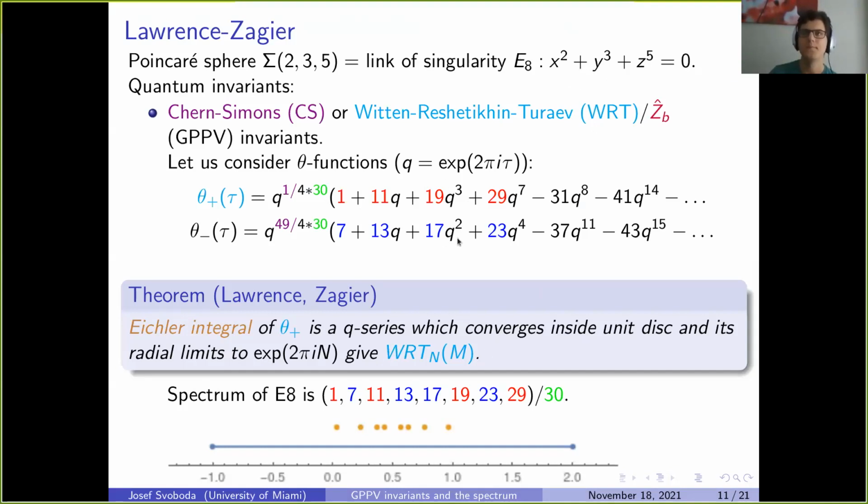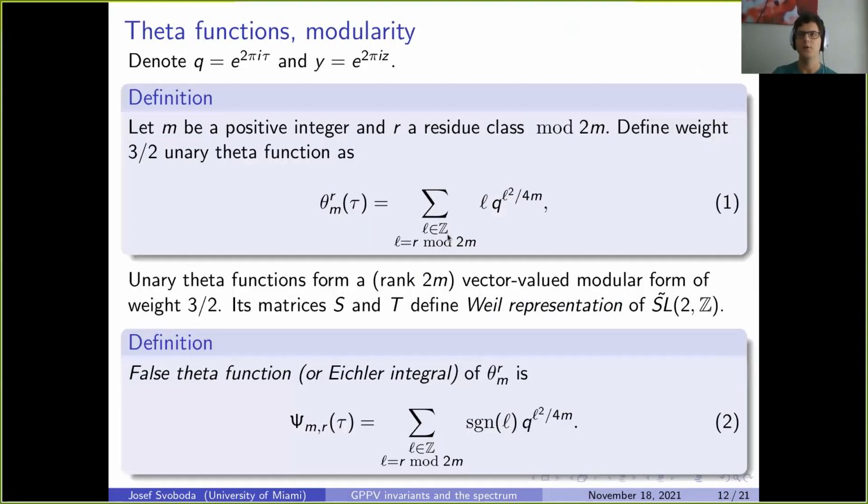So I mentioned these theta functions. They are generally written in this way: we take q to some quadratic term and multiply it by L. These are unary theta functions.